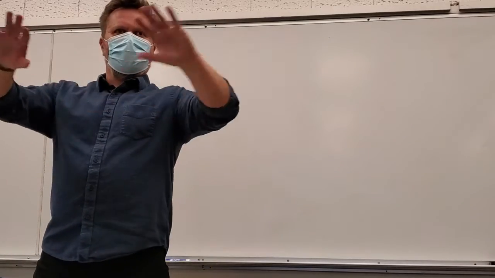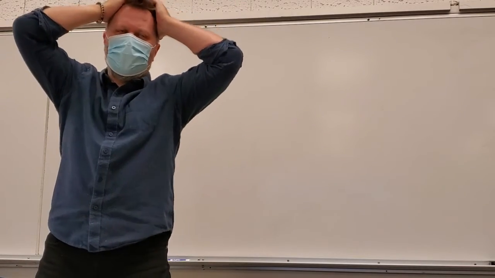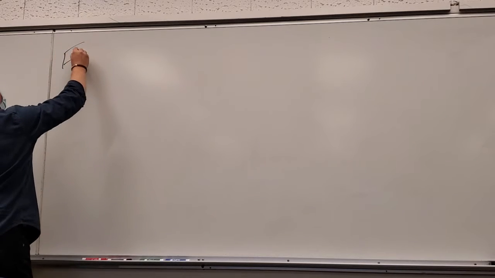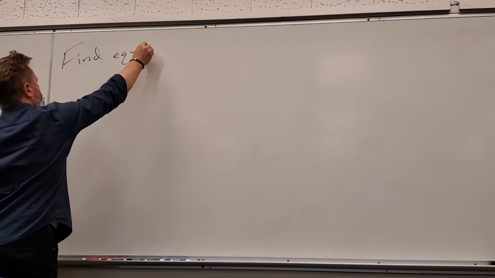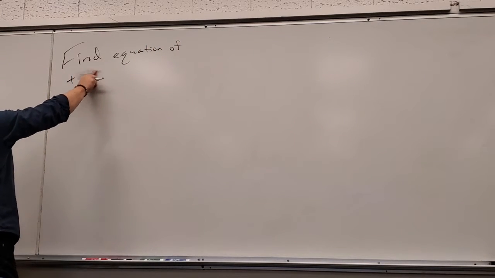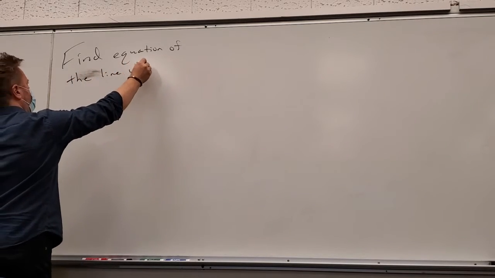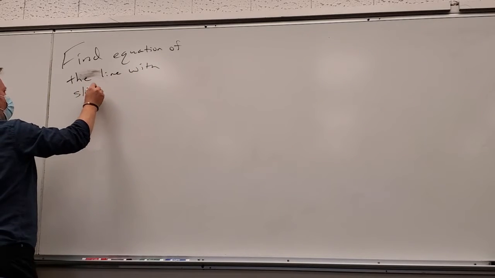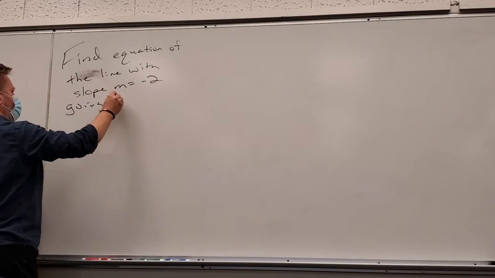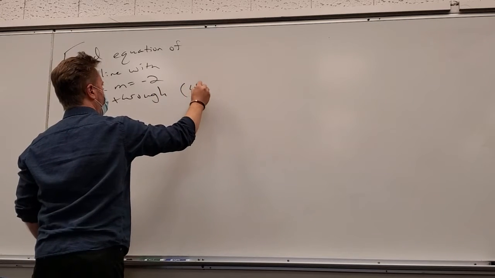Okay, so if there's no other questions from homework or whatever, I want to really quickly review a little bit of algebra. Let's see what you guys think about this. Find the equation of the line with slope m equals -2 going through the point (4, 2).